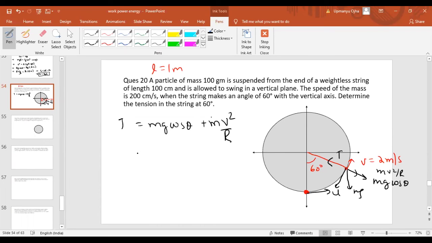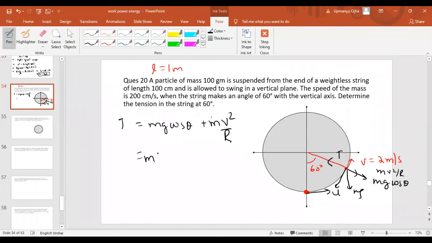So we can directly substitute the values. Mass is 100 gram, that means 0.1, and g is 10.